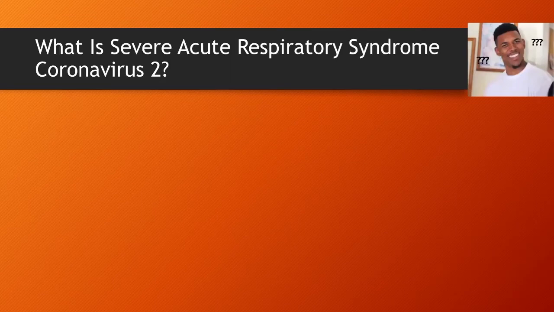The reason I'm saying SARS-CoV-2 is because there are different coronaviruses out there. Like the original SARS was a coronavirus and its official abbreviated name is SARS-CoV. So SARS-CoV-2 is just another abbreviation for it.